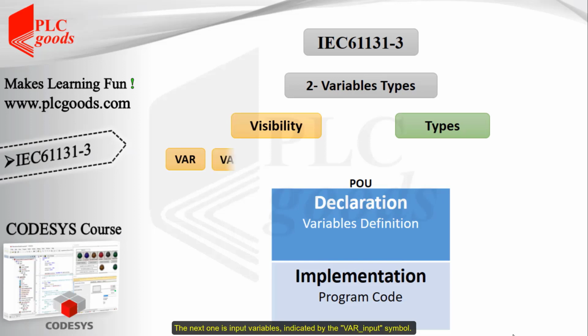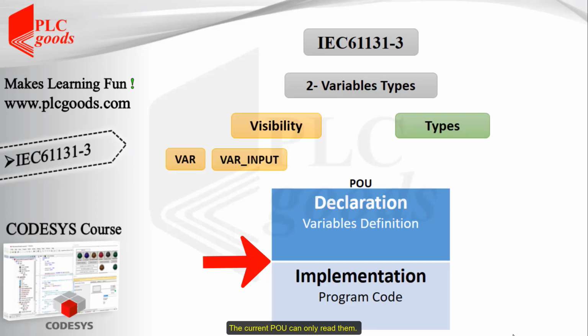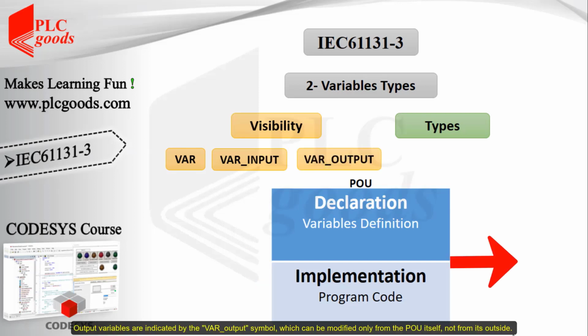The next one is input variables, indicated by the VAR_INPUT symbol. The current POU can only read them. Output variables are indicated by the VAR_OUTPUT symbol, which can be modified only from the POU itself, not from its outside.